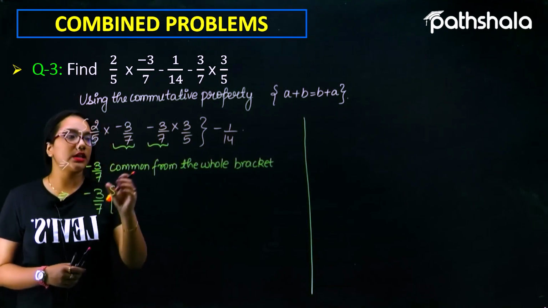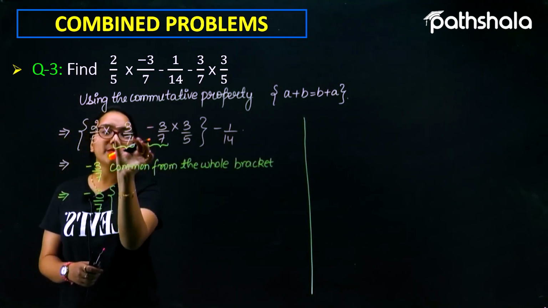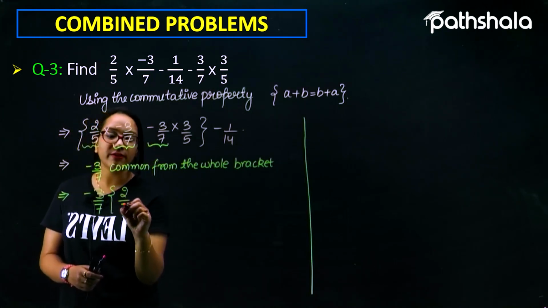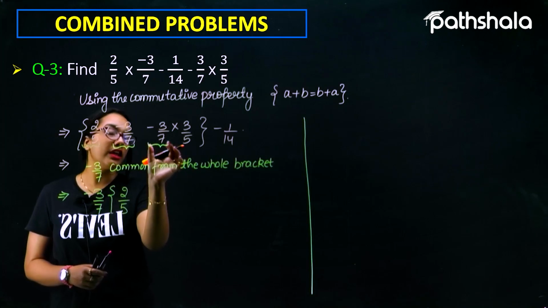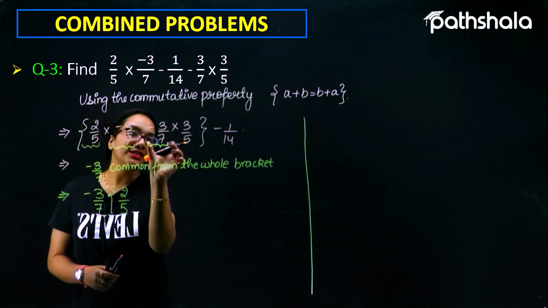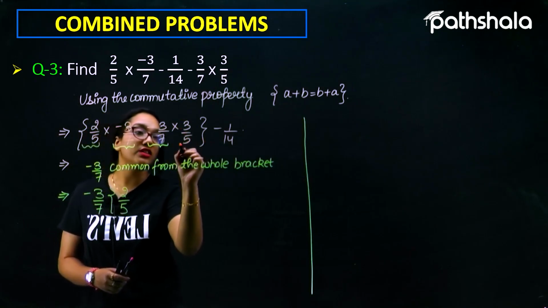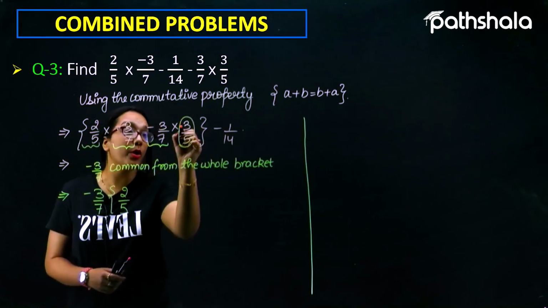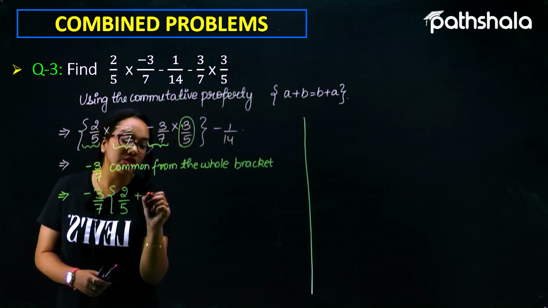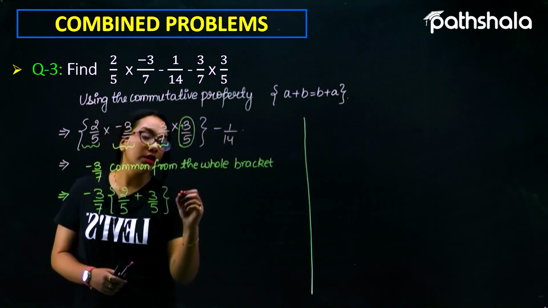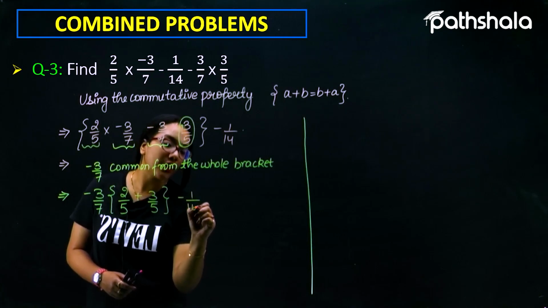So what is left inside the bracket? Minus 3 by 7 is outside, so here it is 2 by 5. Again here, with minus 3 by 7 taken outside, the only thing left is 3 by 5 with the positive sign. Further outside it is minus 1 by 14.